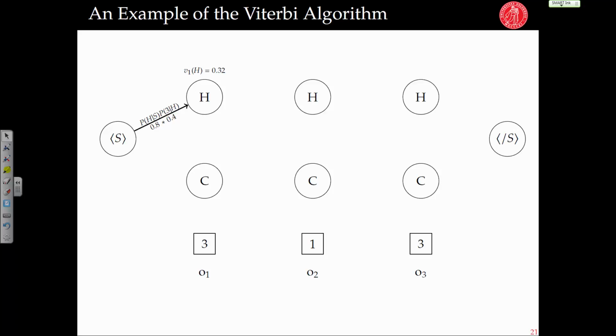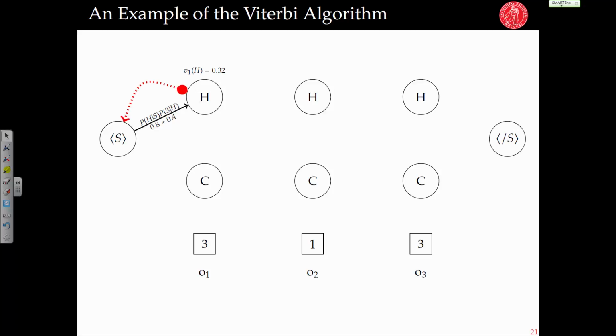So we multiply the probability of H given S, meaning the probability of transitioning from the start symbol to the state H, and the emission probability, which is the probability of Jason eating 3 ice creams, given that we are in state H. We have the values for these, so we simply multiply them and record that in our matrix. This is our matrix here and has V1H here.